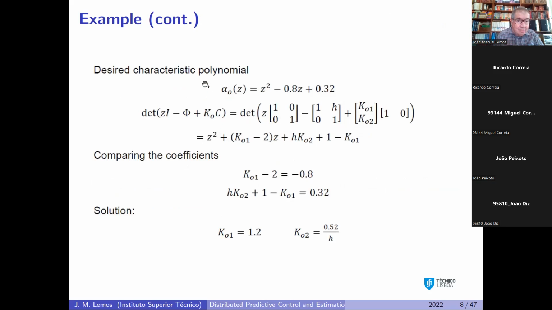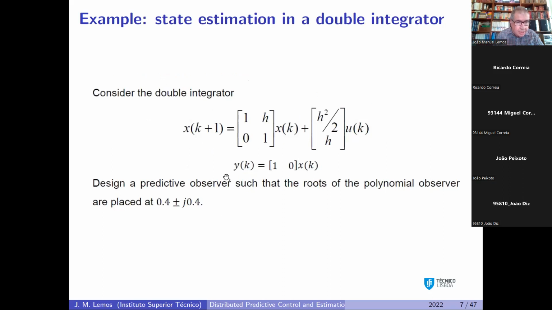First of all, we must write down a desired characteristic polynomial, which is a polynomial that has these roots 0.4 plus or minus j 0.4.